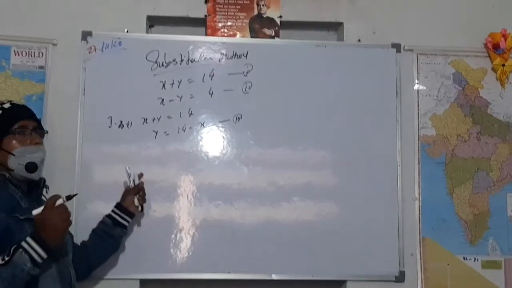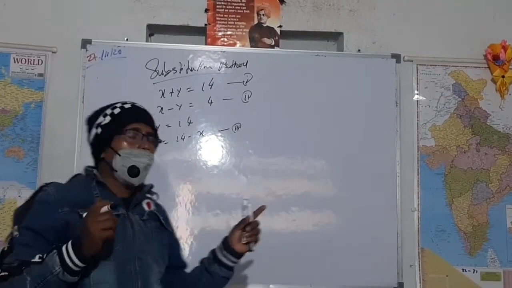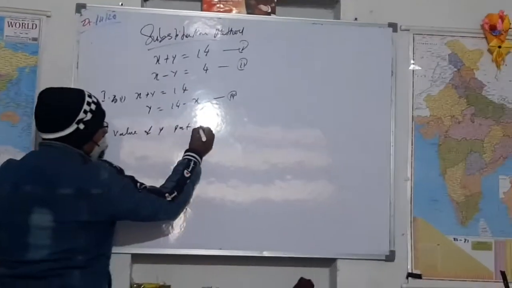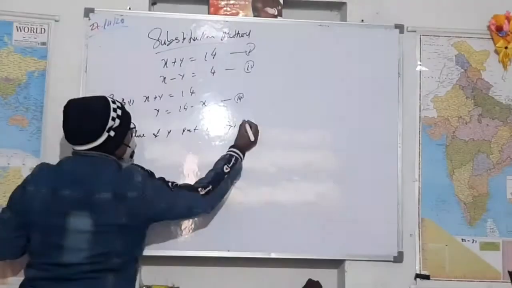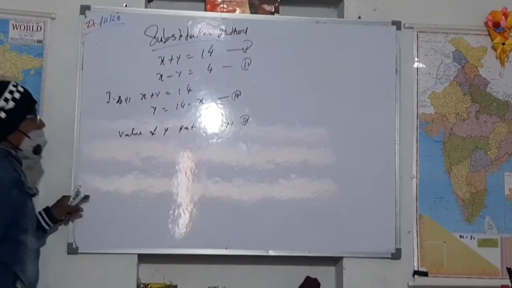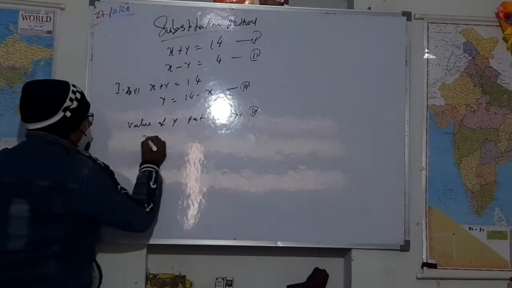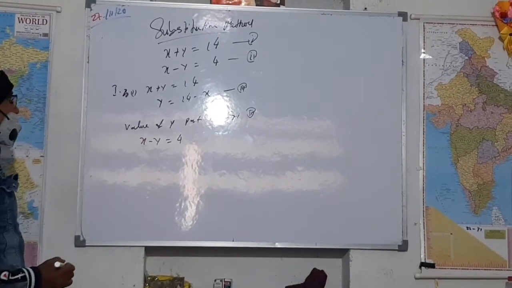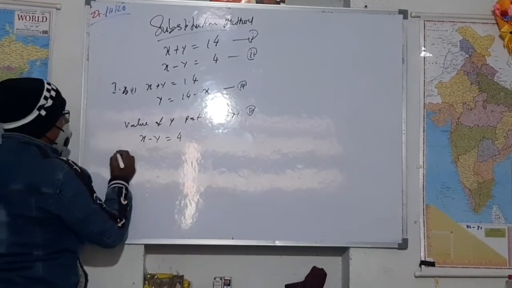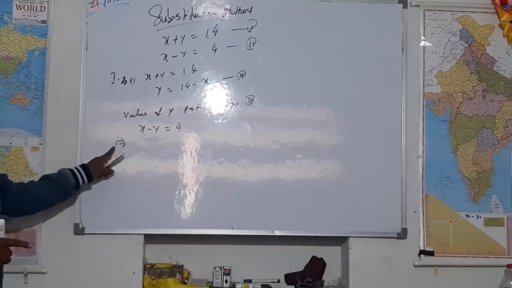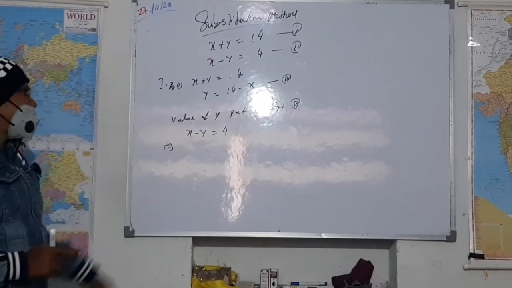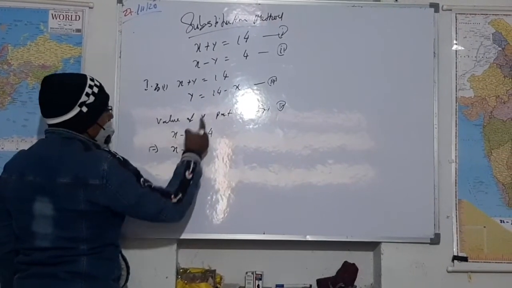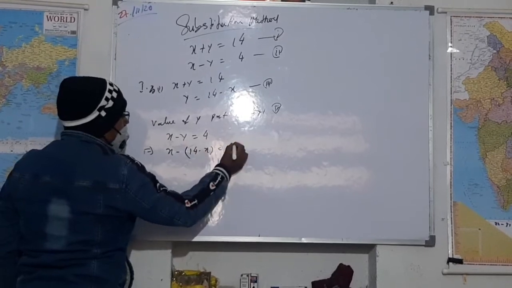Equation 2 is x minus y is equal to 4. Now we put the value of y, which is 14 minus x, so x minus bracket 14 minus x is equal to 4.